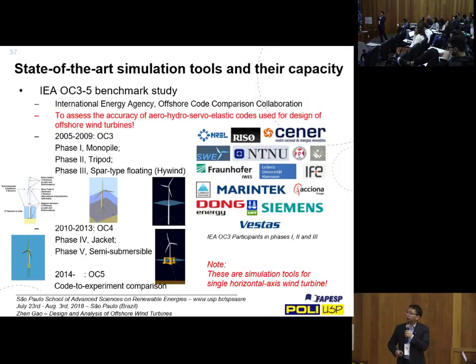Yes, and since 2005, there has been a lot of development of software for analyzing offshore bottom-fixed or floating wind turbines. The IEA OC3 to OC5 benchmark study is basically a code-to-code comparison, and now they are entering code-to-experiment comparison. It is coordinated by NREL from the US, and they have gone through different phases considering different foundations.